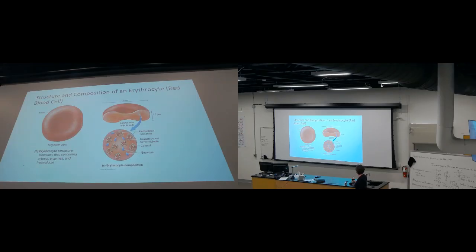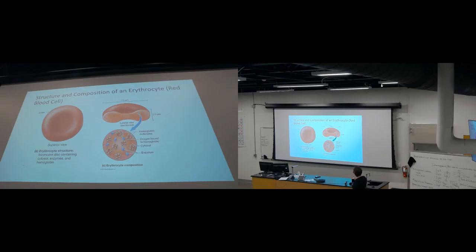So this is the superior view of an erythrocyte. So it has this disc shape. In the center, you have this little indentation, so that's one concavity, and at the bottom you have another concavity. So this is the side view, 2.5 micrometers versus 7.5 side to side.